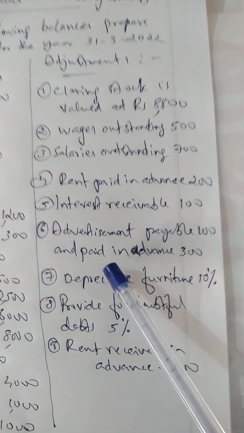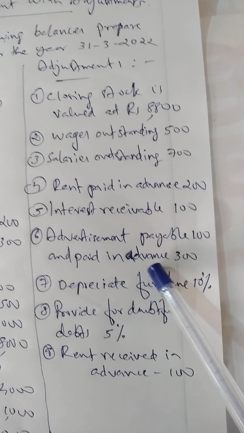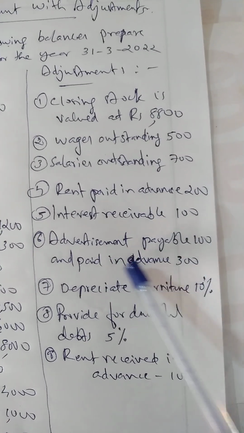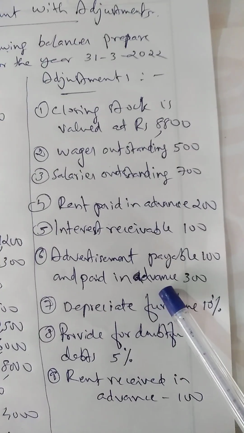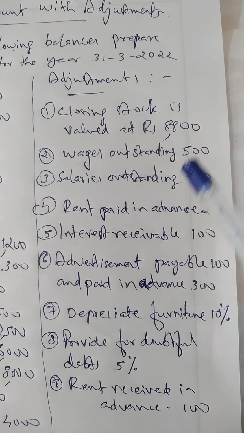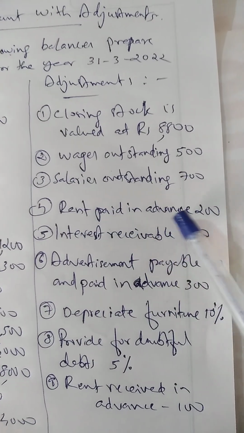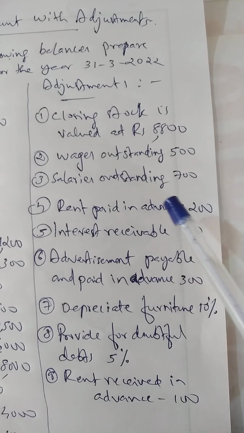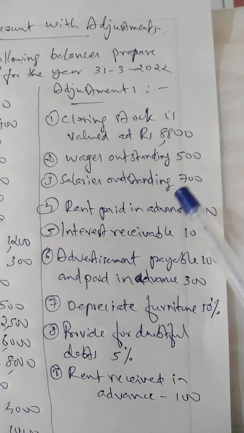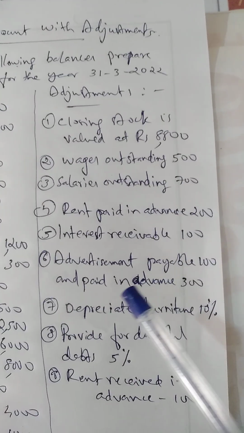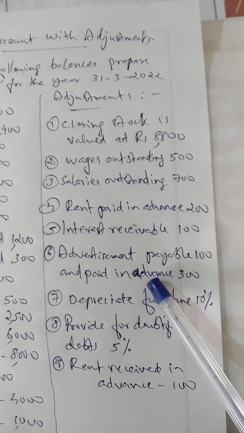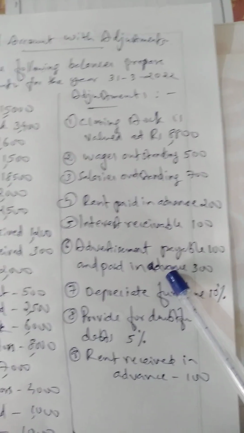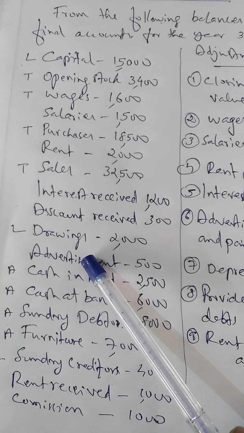Then advertisement paid in advance is there. Means advertisement prepaid. We discussed how to handle these prepaid items here, rent paid in advance. While discussing that, I told you that any expense paid in advance should be deducted from the concerned item. So, concerned item is advertisement.